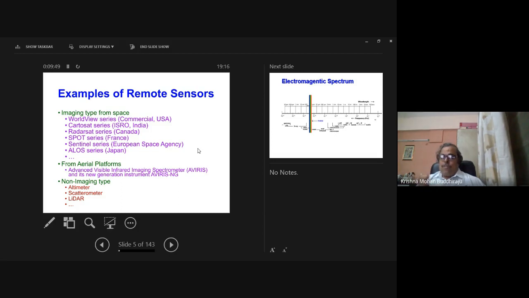And then you have laser based sensing, or LiDAR, light detection and ranging. LiDAR data can be interpolated and made to look like images, but it is essentially a collection of measurements at point locations. So you build what are called point clouds from LiDAR.